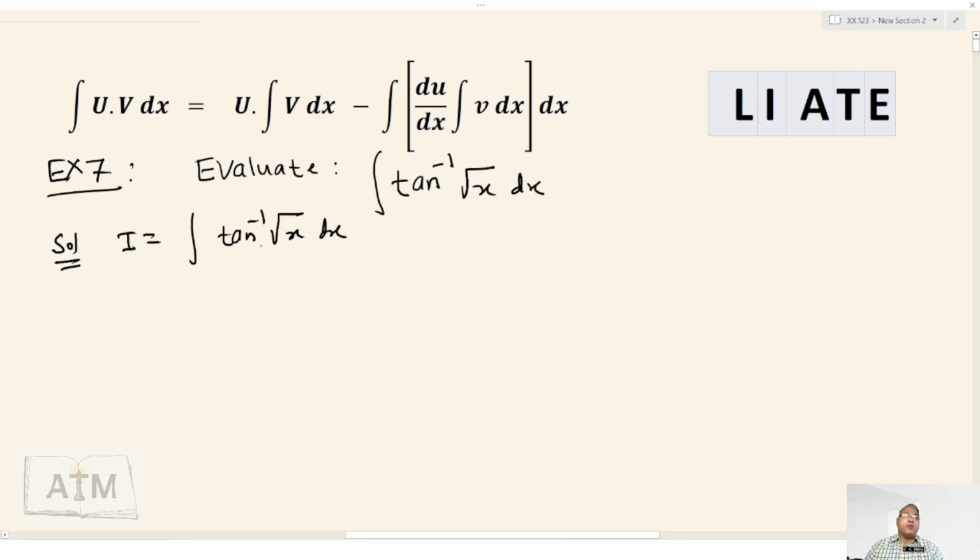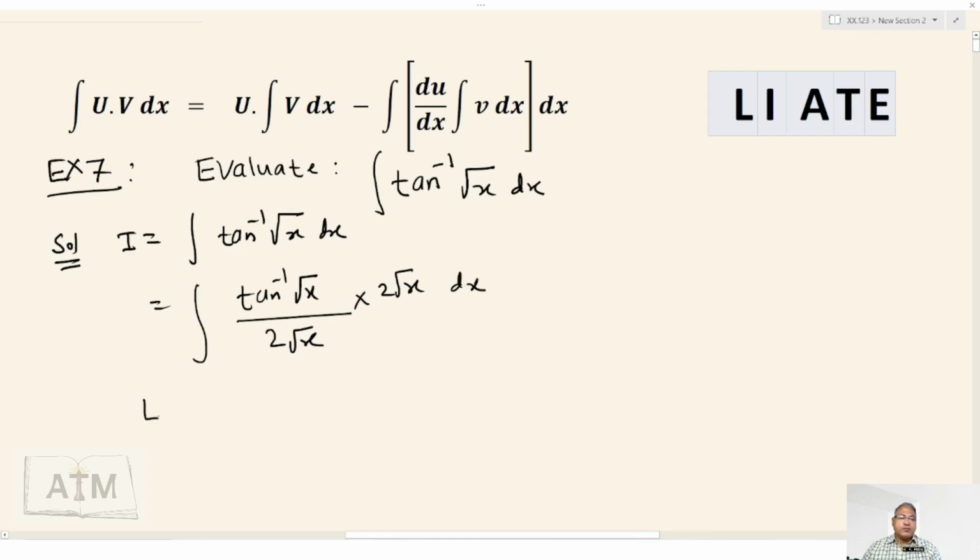For example, derivative of root x is what? 1 upon 2 root x. So what I will do now, I will multiply and divide by root x. So this can be written as tan inverse of root x. If you do it by 2 root x, then it will be better. Okay, multiplying and dividing by 2 root x, with respect to x.